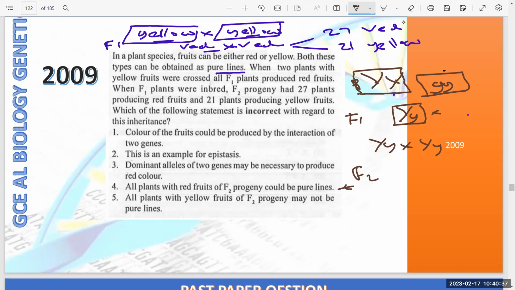So now we can understand whether it is Mendelian or non-Mendelian genetics. This could be some kind of gene interaction, could be an example of epistasis. And we have 3, 4, 5.